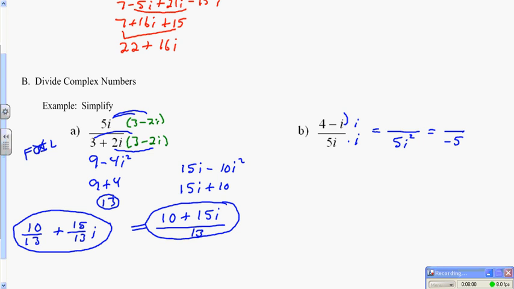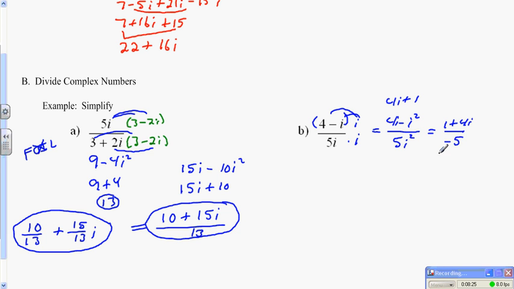On the top, we have to distribute. So we'll get 4i minus i squared. i squared is equal to a negative 1. So this becomes 4i plus 1. And I would rewrite that as 1 plus 4i.